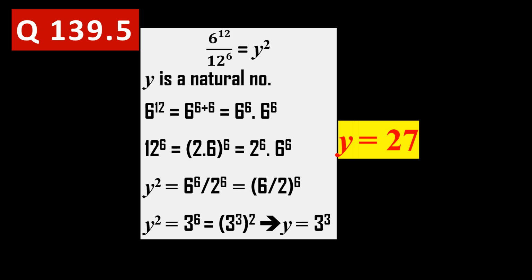So, cancelling out the common factor 6 power 6, y square is equal to 6 power 6 by 2 power 6, which is (6 by 2) whole power 6. Thus we get y square equal to 3 power 6. Or y equal to 3 power 3, or y is equal to 27.